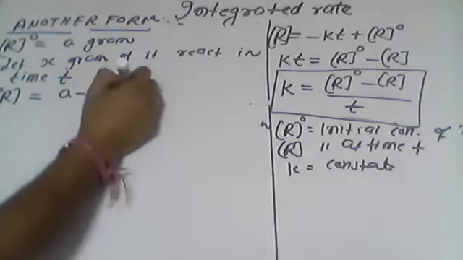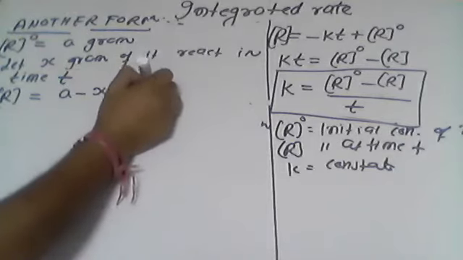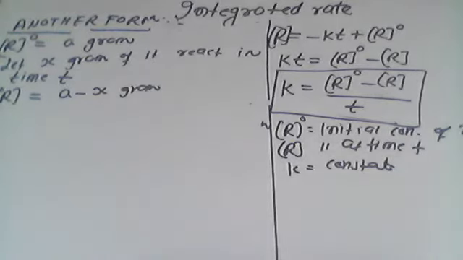R will be A minus X grams, because out of A, X grams were reacted. So we are left with A minus X.